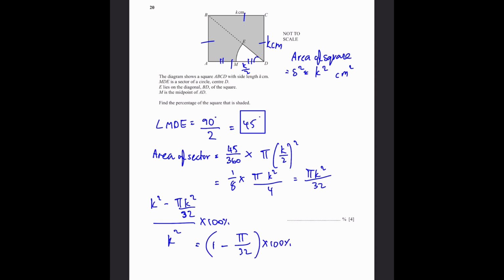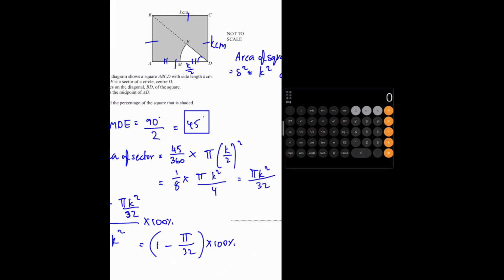Let's use a calculator for this. 1 minus pi by 32 is equal to 0.901, into 100%, which is approximately 90.2%. That's the answer.